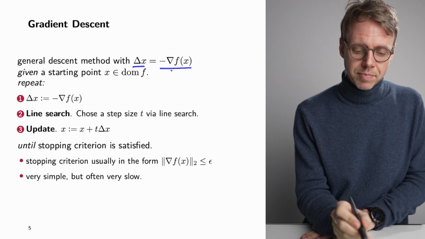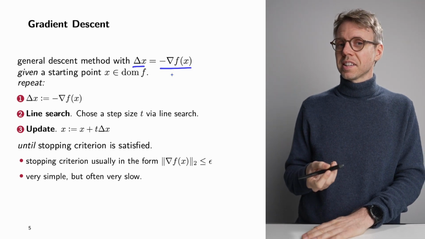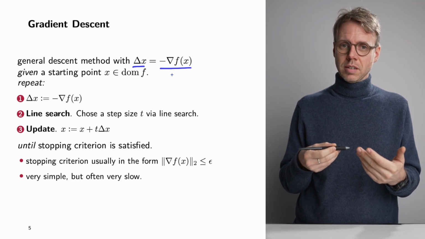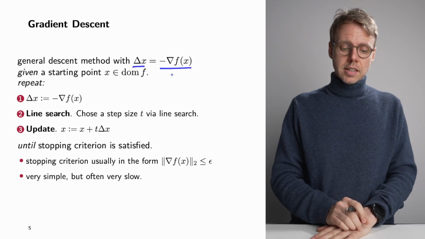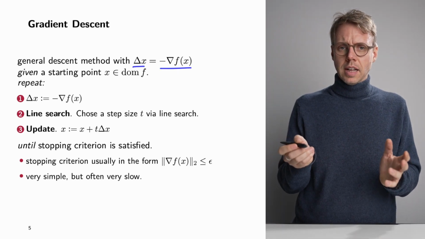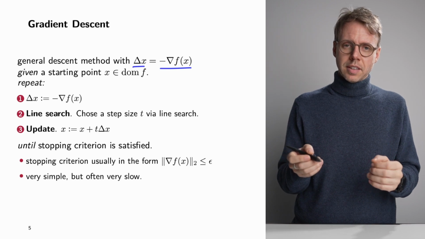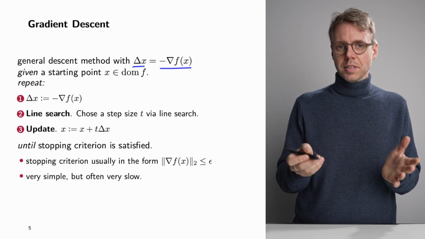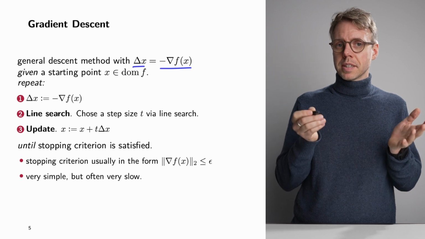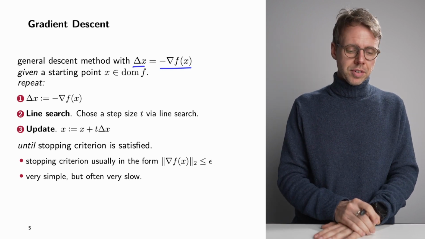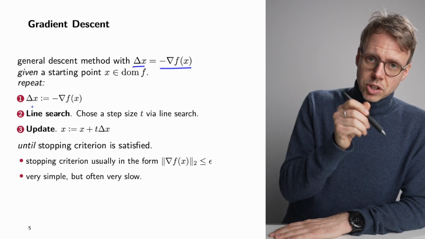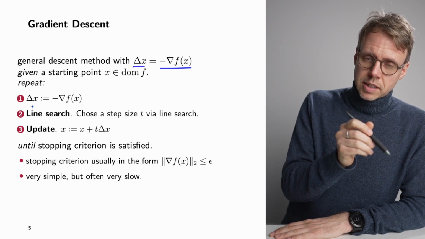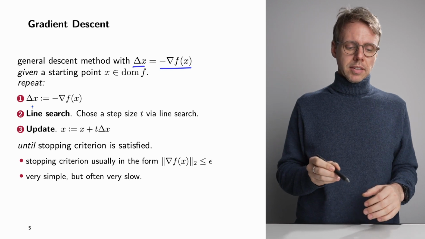And obviously the negative gradient has a negative inner product with the positive gradient. So it is a descent direction. In fact, as long as you're measuring your error with the L2 norm, it would be the steepest descent direction. So it would be the direction where the function decreases the fastest at our current point x.